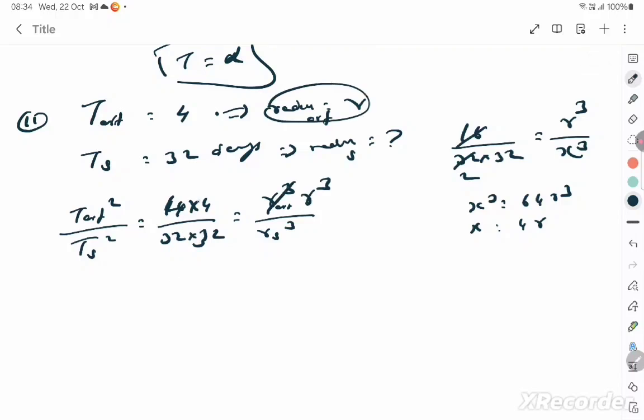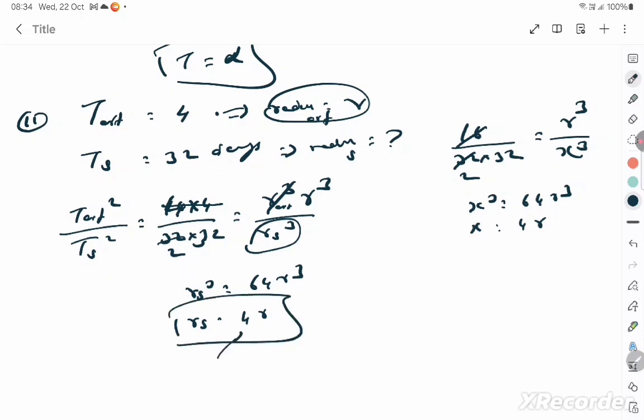So then this is 16, 2s are 32, and this Rs cube is equal to 64 r cube. So Rs is 4r. It's 4 times the radius of the artificial satellite that will be the radius of the unknown satellite. So such questions, very interesting. I've done so many sums. Let me see if I get more questions in this.